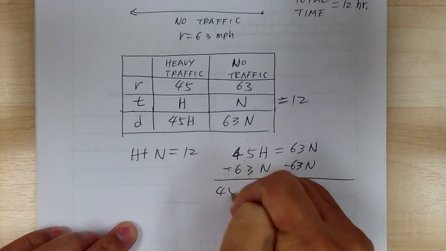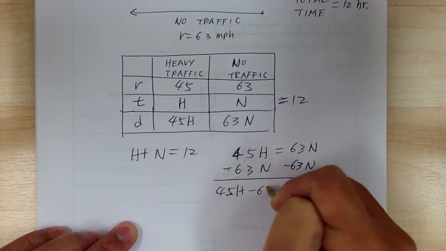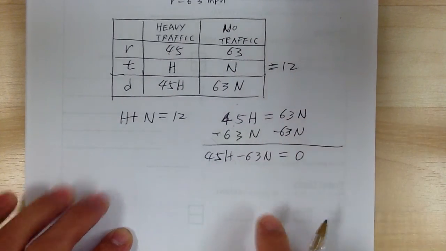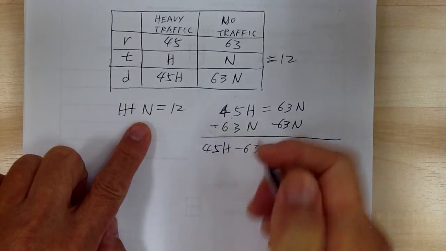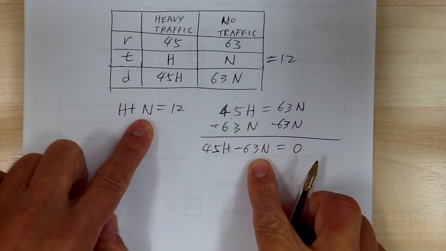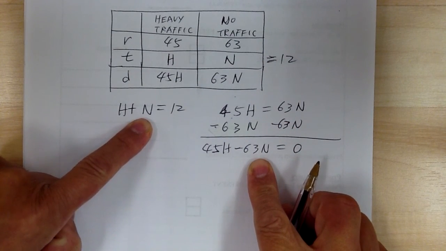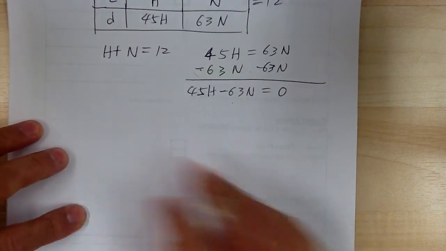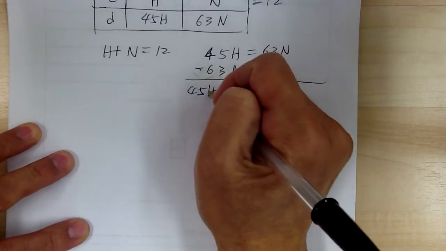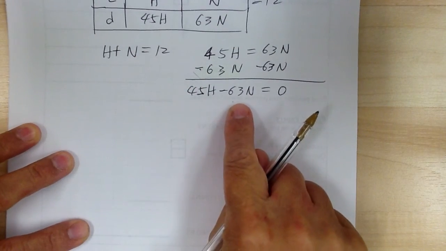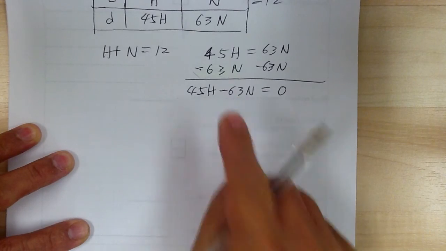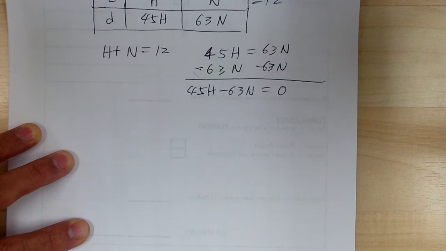So I got 45h minus 63n equal to 0, right? I'm going to use elimination method. Now, since this is already negative, I'm going to multiply by 63. Now, if you're smart, instead of multiply to make it bigger, I'm going to divide by 9. Notice always divisible by 9. So I'm going to divide by 9 to lower my numbers to make it a lot easier to do.